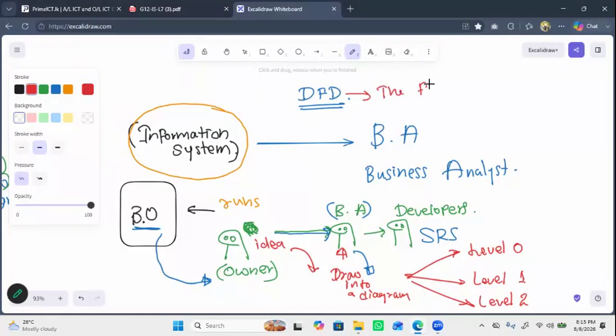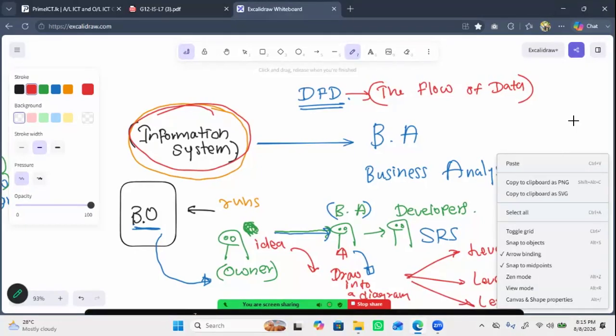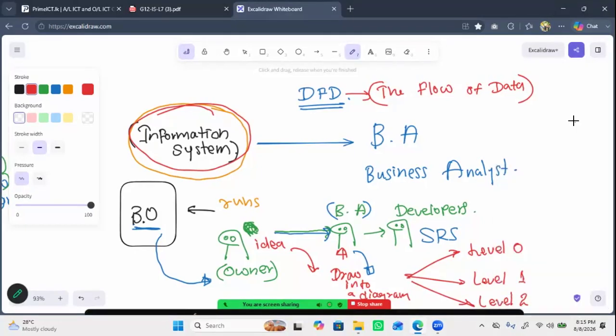The flow of data throughout this information system when it is running. Is this clear? Drop me a message up to here. If you pay full attention, you may get the full clear idea.